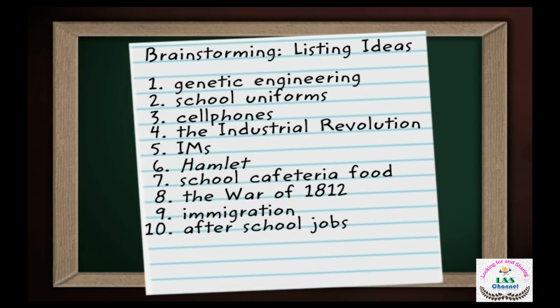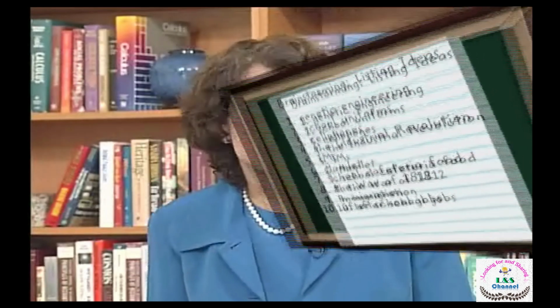As you can see, I put my brain on autopilot, and I just came up with any idea that I could. Now, which topic would I choose? Well, remember, I'm going back to my audience and my purpose. Knowing my audience, which in this case is my teacher, I think I would choose cell phones because I know a lot about it, and I know my teacher would be very interested in it because we've been having some problems in school lately with cell phones.